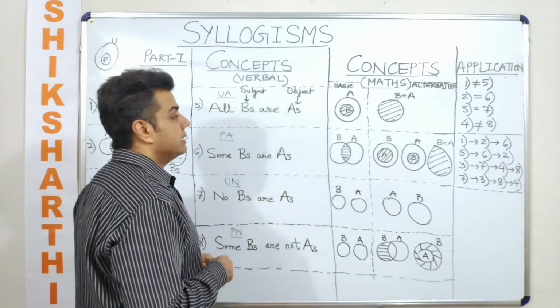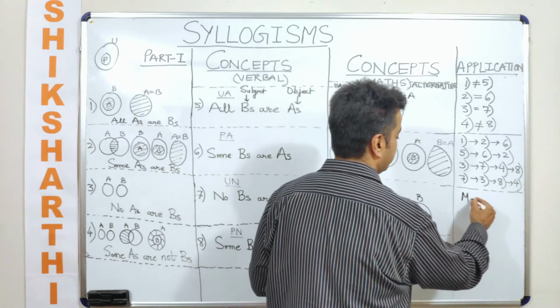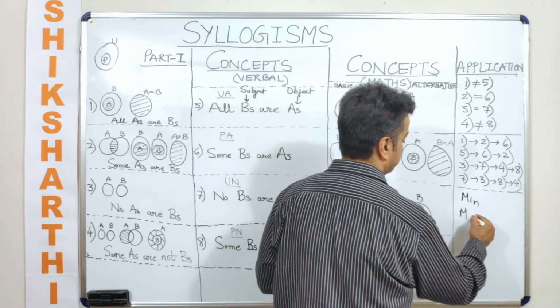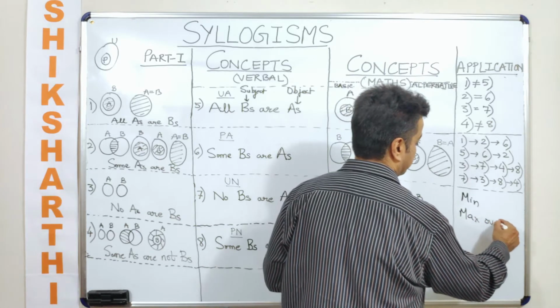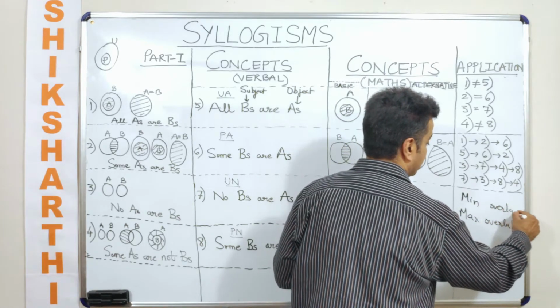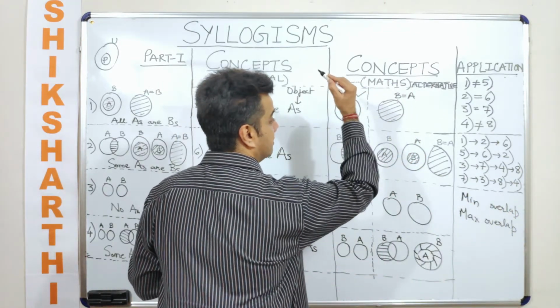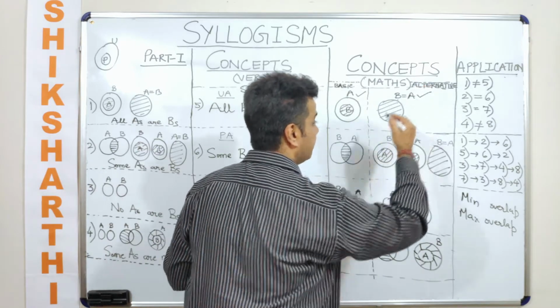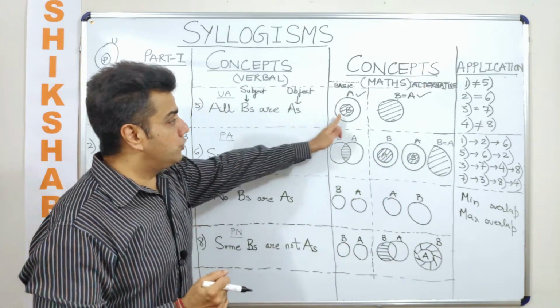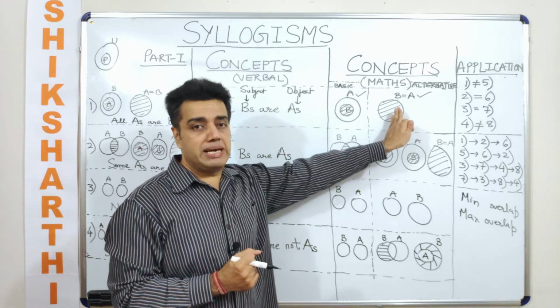So what I am suggesting is, let us follow the rule of minimum overlap and maximum overlap. In this case, what is the minimum overlap that you can have, and what is the maximum overlap that you can have? You will draw only 2 diagrams: one for minimum overlap and the other for maximum overlap.